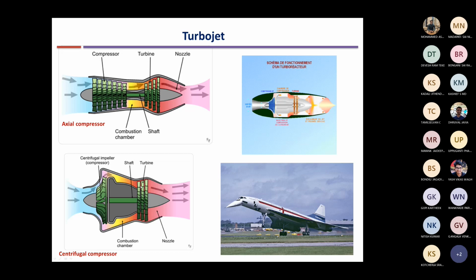So the rotational speed you cannot indefinitely increase because of stresses. Even if you have a smaller impeller, the intake area will also decrease. So to keep the same intake area, you will always have more cross-sectional area compared to an axial compressor. You cannot avoid that because you need this extra portion.